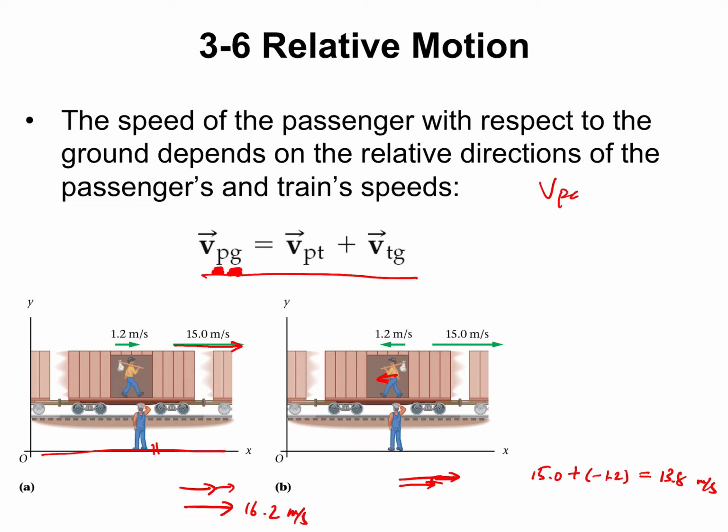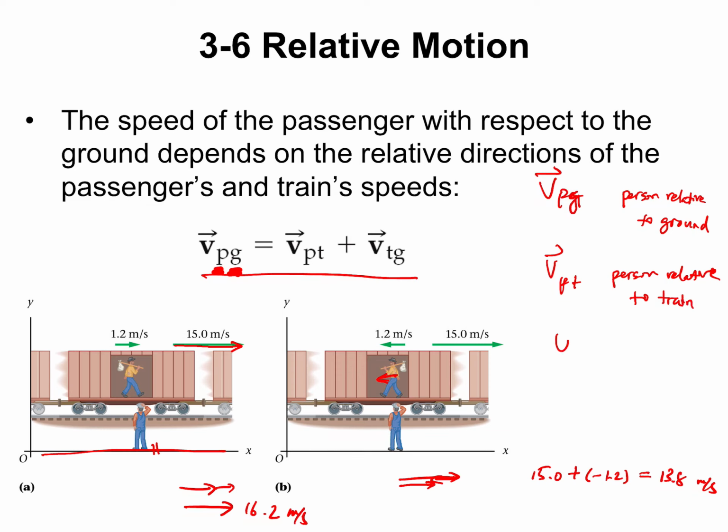VPG is the velocity of the person relative to the ground. VPT is the velocity of the person relative to the train.